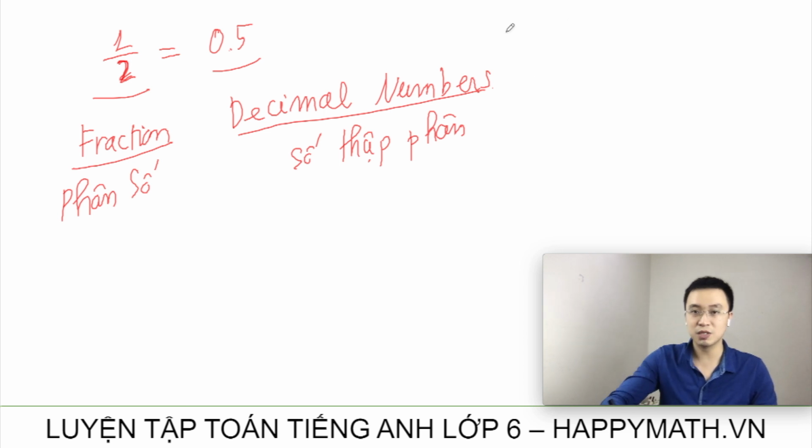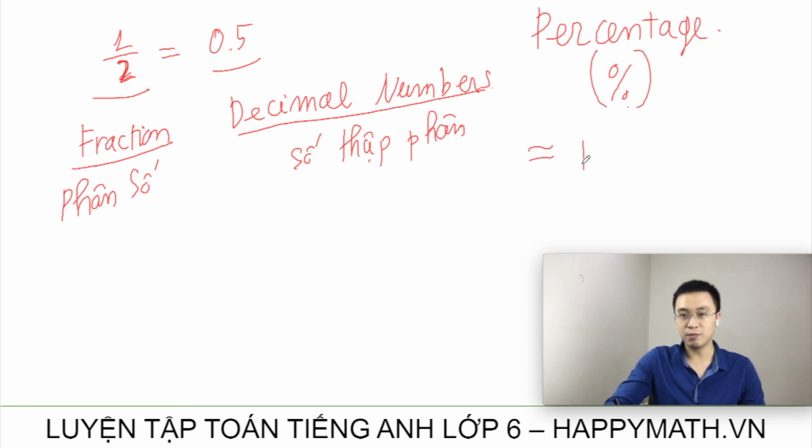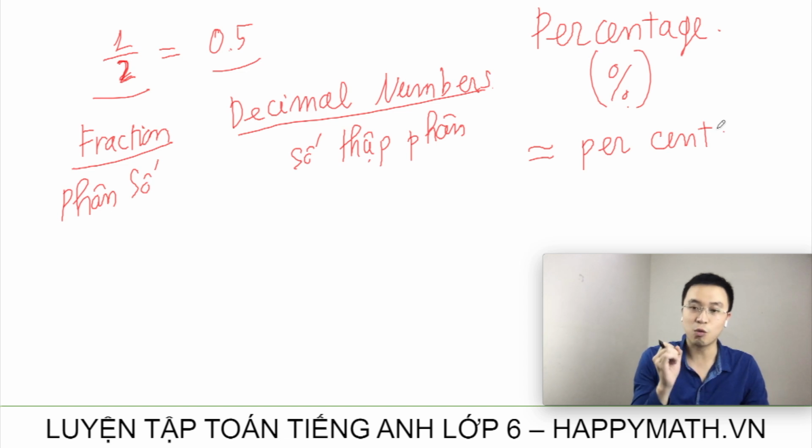Percentage, what does it mean? Percentage has this sign. Percent means per hundred. The percent means you take something and divide by 100.